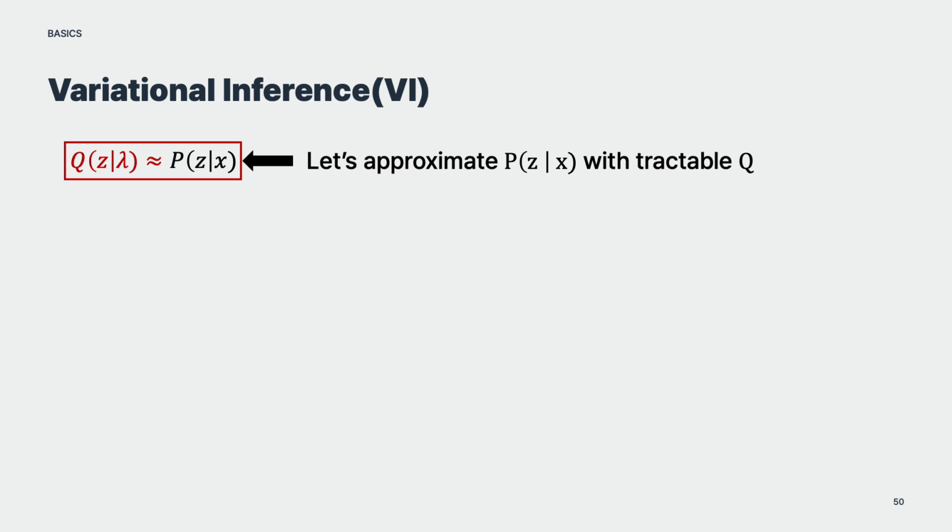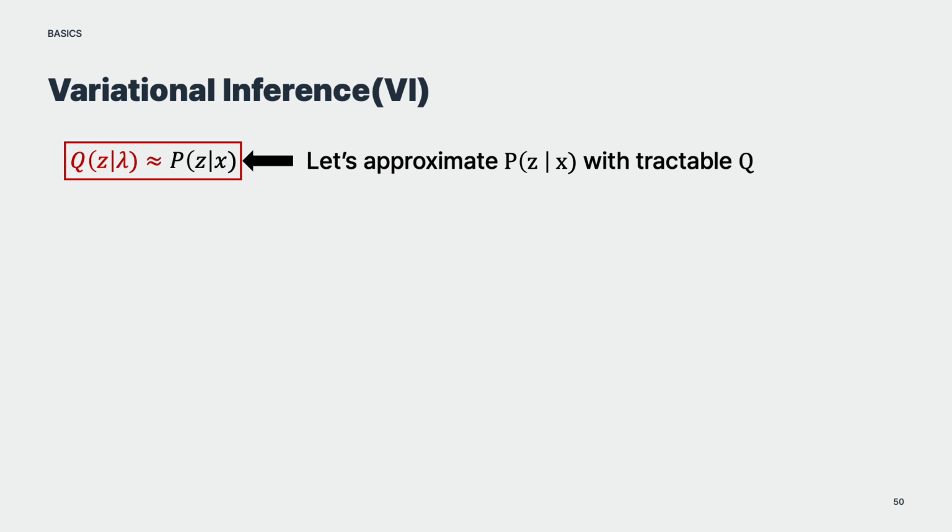In variational inference, we approximate the intractable true posterior by introducing a tractable distribution q(z|lambda). Instead of directly working with the true posterior p(z|x), which is often computationally infeasible, we define a simpler parameterized distribution q and optimize it to be as close as possible to the true posterior.